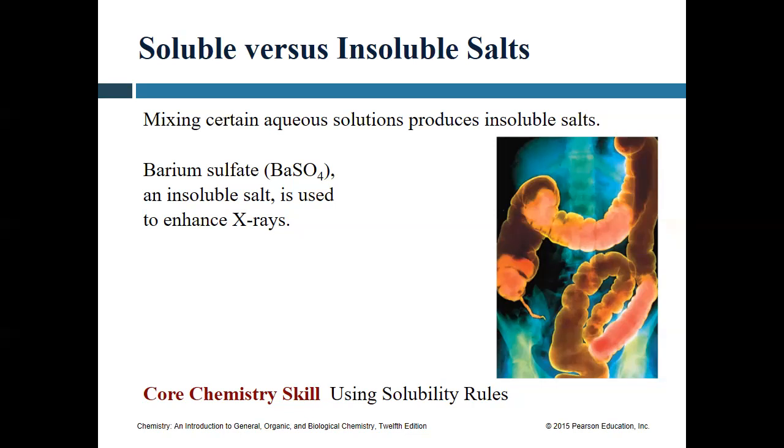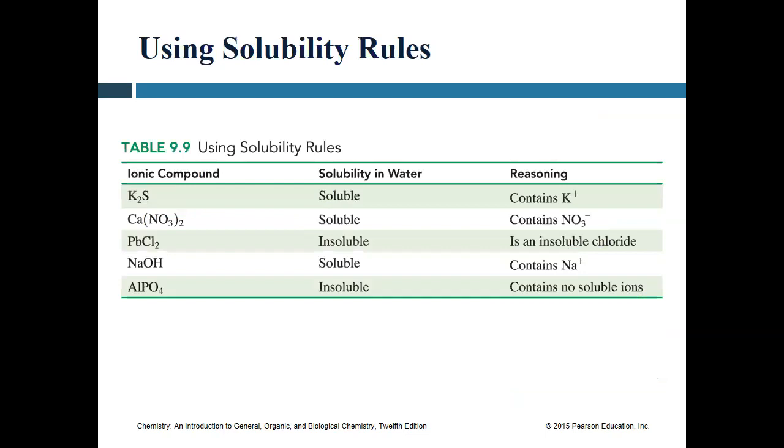And that's what it does. So we use this chemistry sometimes to help us with other kinds of applications, like helping to make clear imaging for GI tract kinds of things. That's one example.